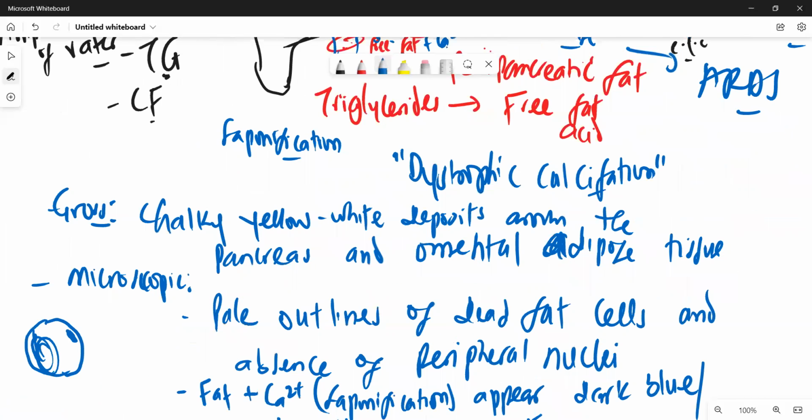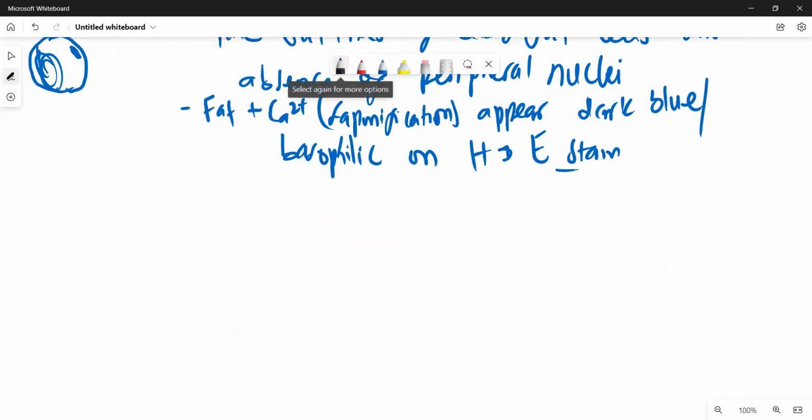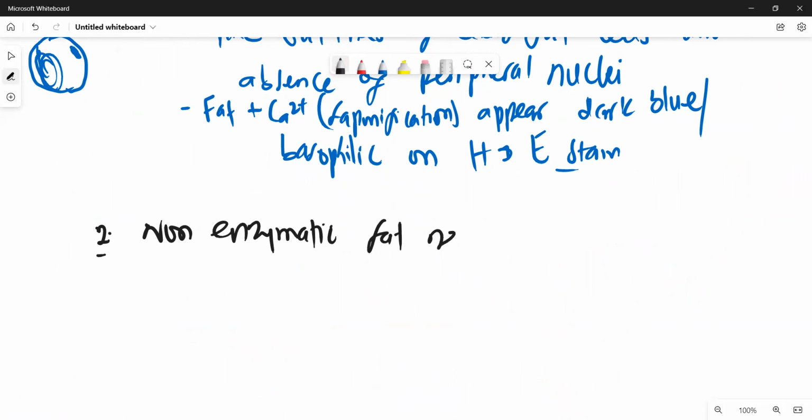So moving on to another type of fat necrosis, which is non-enzymatic fat necrosis. With non-enzymatic fat necrosis, this is usually due to trauma to the fat tissue.